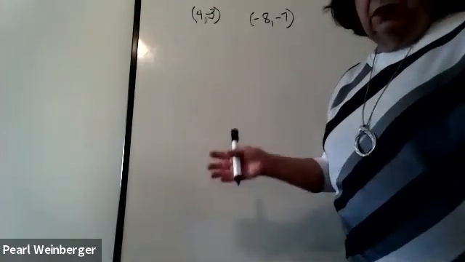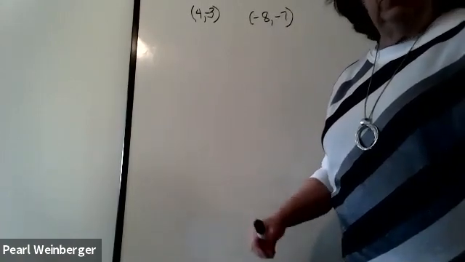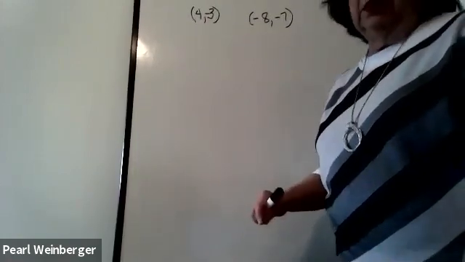So this is another type of question that can be asked: how to write the equation of a line knowing two points on the line.